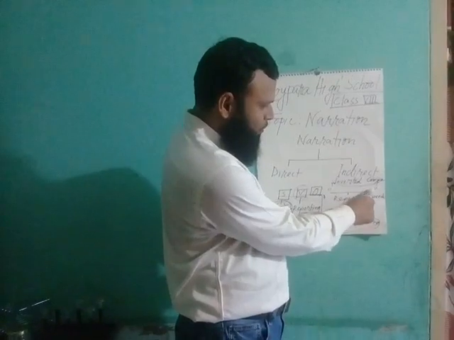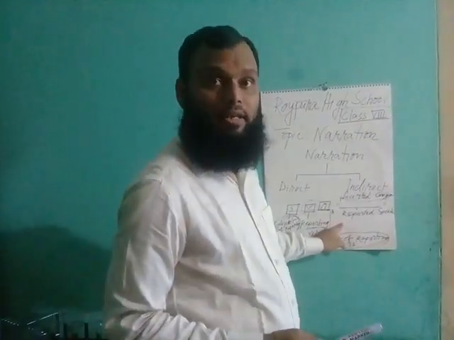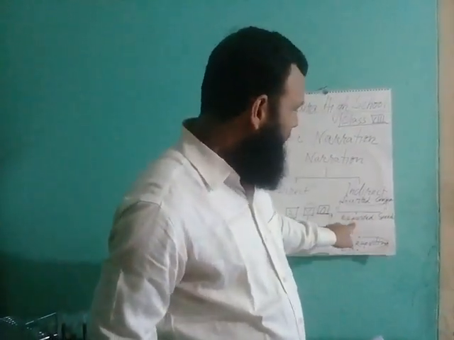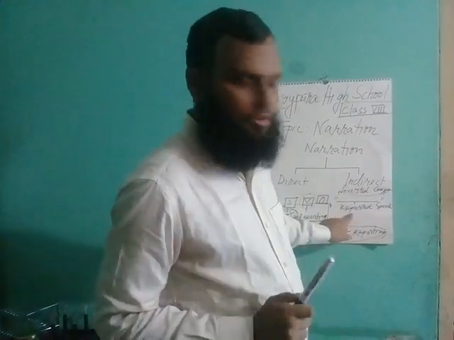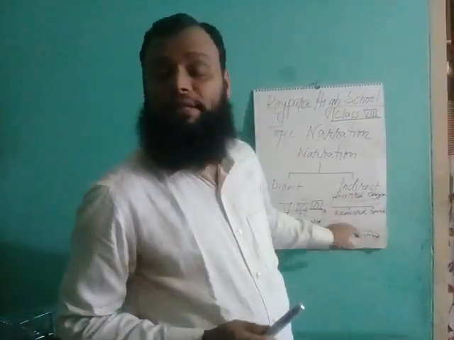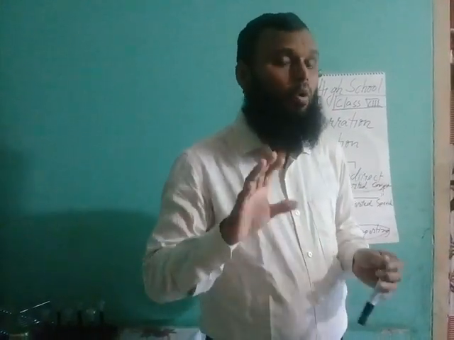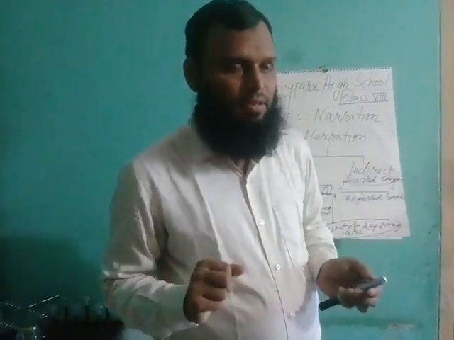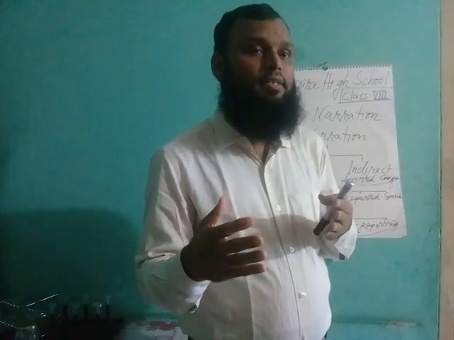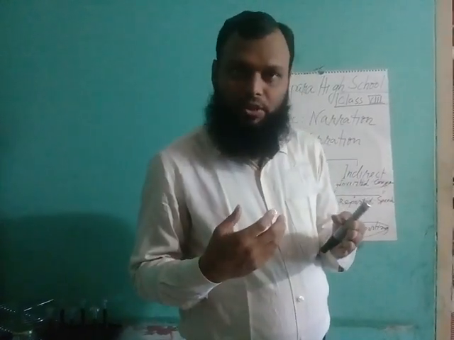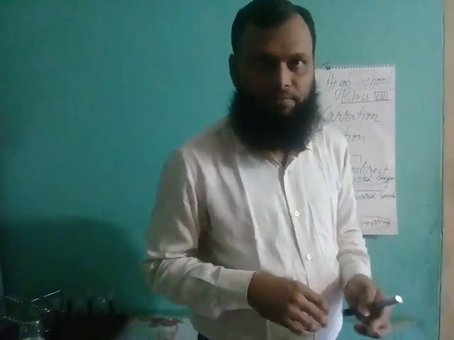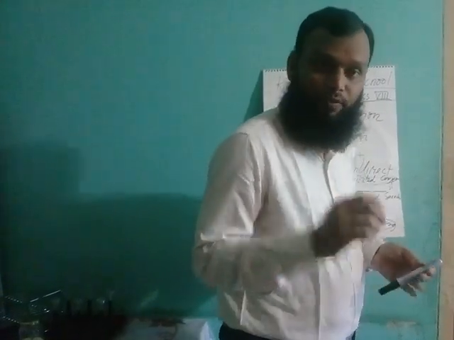The sentence within the inverted comma is called a reported speech. So, my listeners, now the question comes: what will we change and how can we change our direct narration into an indirect form? So, come to the point.